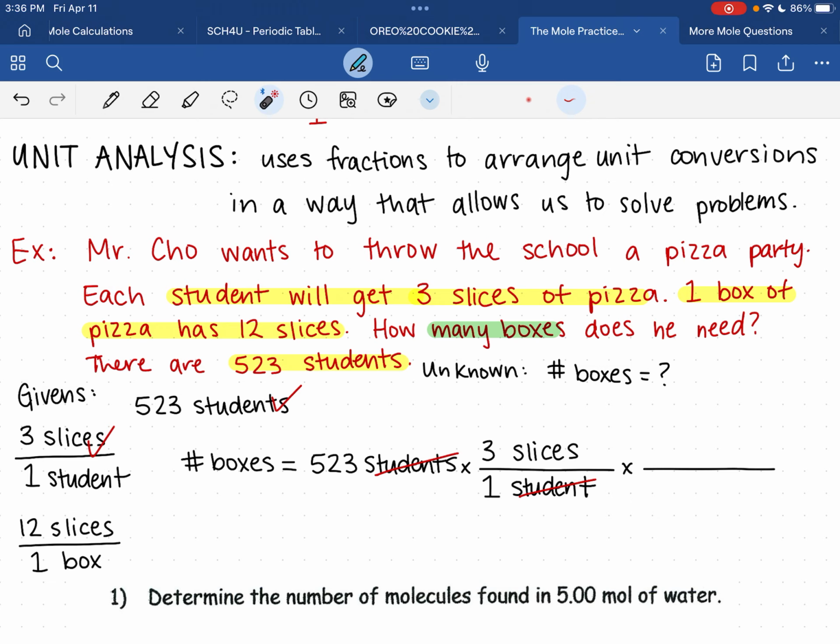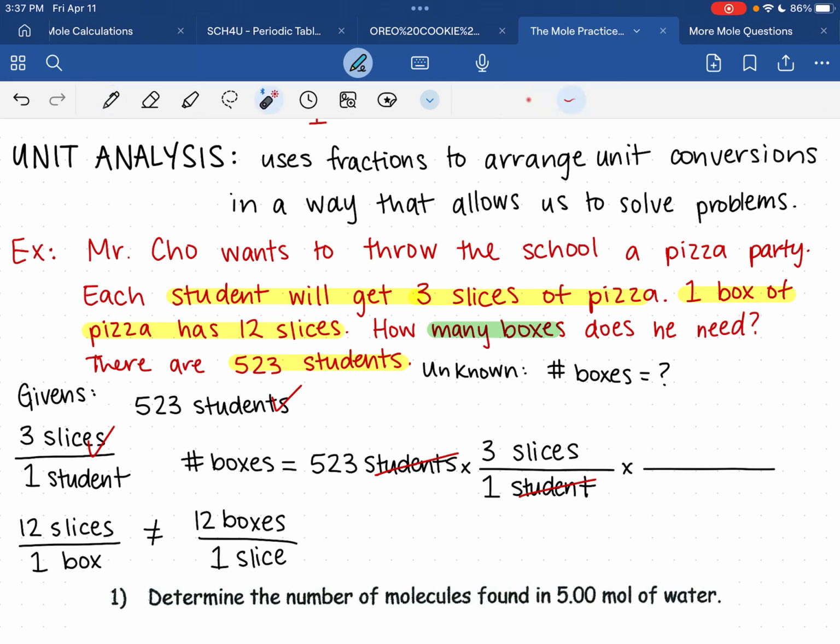When I say flip the fraction, you're not just flipping the unit, because there's 12 slices in one box. It's not 12 boxes. So this is not the same as 12 boxes per one slice. That is just ridiculous, you wouldn't have one slice divided into 12 boxes.